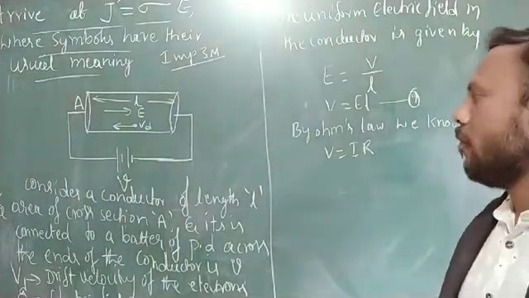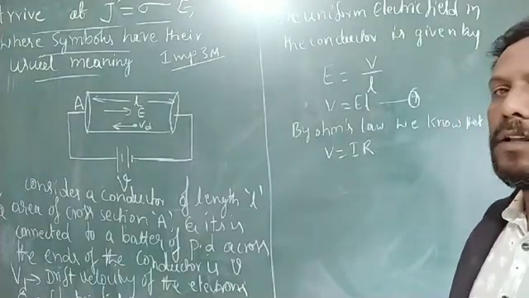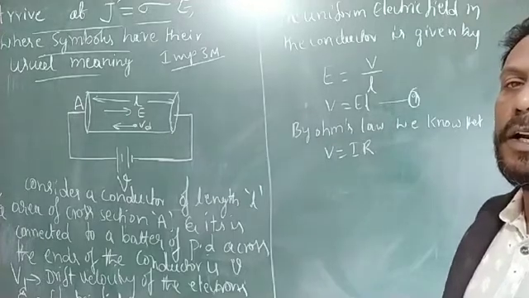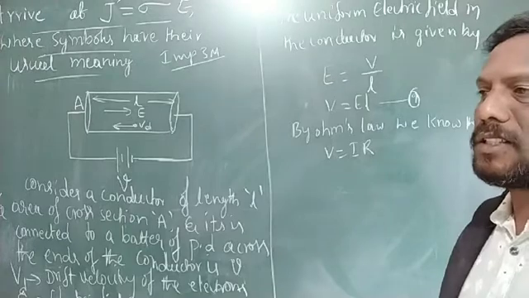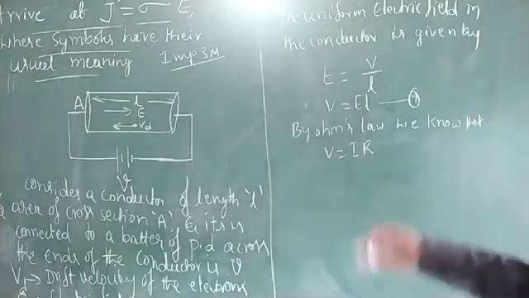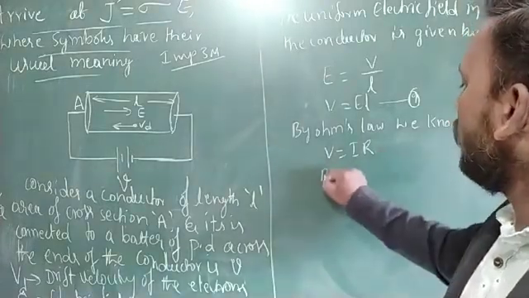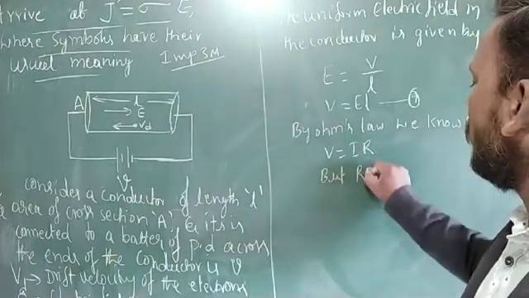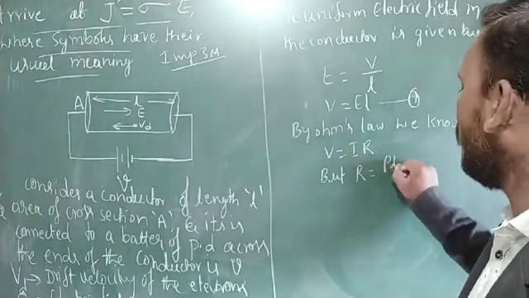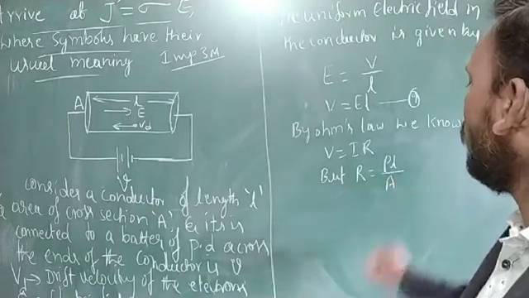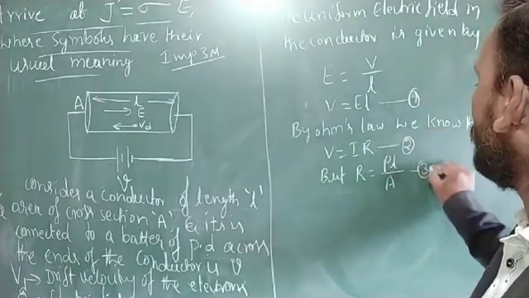Ohm's law states that the current flowing through the conductor is directly proportional to the potential difference applied across the ends of the conductor, and all other physical quantities remain constant. Therefore, V is equal to IR. But R is equal to, we know the relation between resistance and resistivity, rho L divided by A. This is equation number 2 and this one is equation number 3.